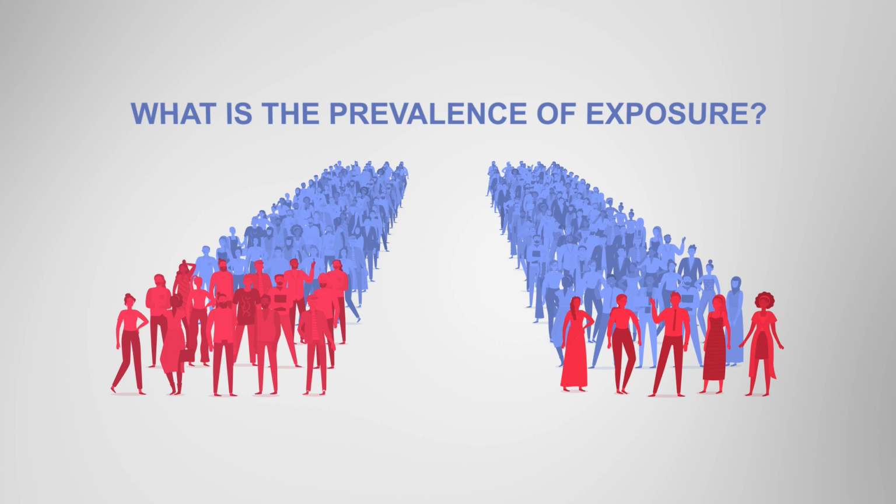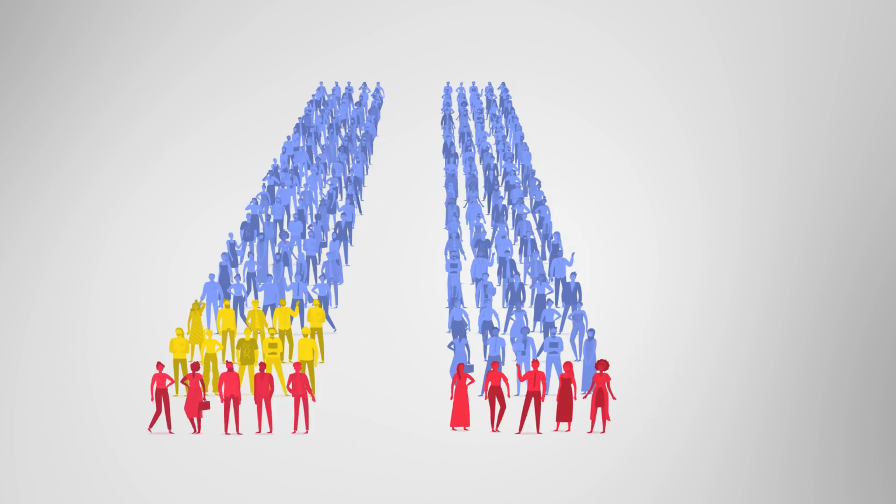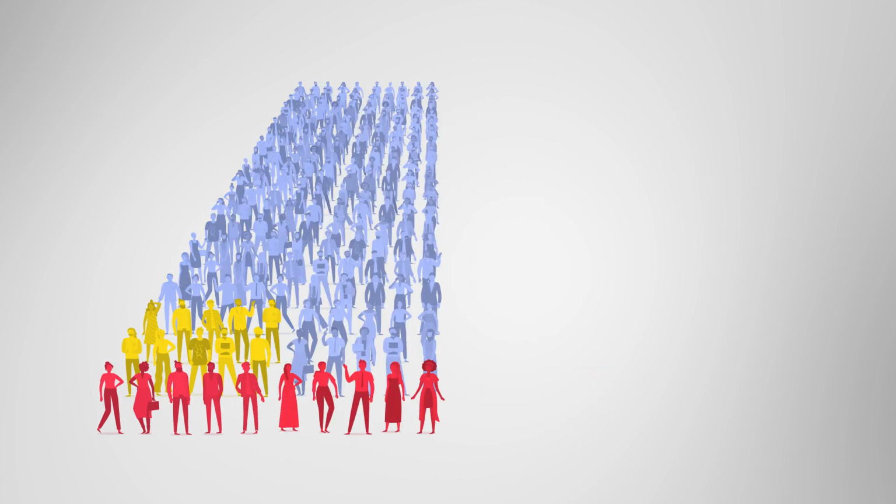So I made this example where we had 2,000 people. In total, we had 20 cases of the disease after 10 years, 5 in the non-exposed and 15 in the highly exposed, polluted areas.